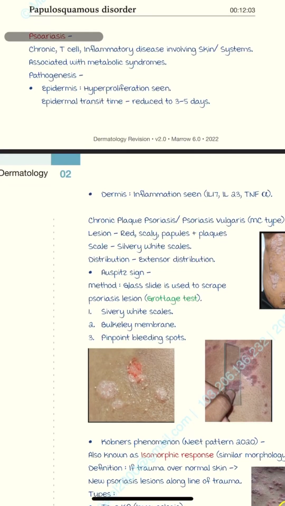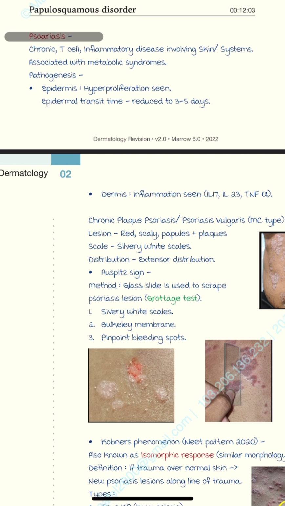Let us move on to the next group of disorders, which is papulosquamous disorders. It includes, first, psoriasis. It is a chronic T-cell inflammatory disease involving skin and systems that is associated with metabolic syndromes. Pathogenesis: here, hyperproliferation in the epidermis is seen.